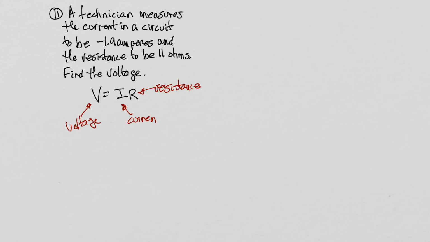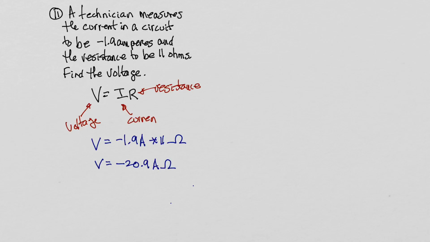Now, when I put these numbers in, I'm going to get V equals I, which is negative 1.9 A, for amps, remember that, times the 11 ohms, and there's that omega for ohms. So then when we multiply, we get the voltage is negative 1.9 times 11, that turns out to be negative 20.9, and then amp ohms.